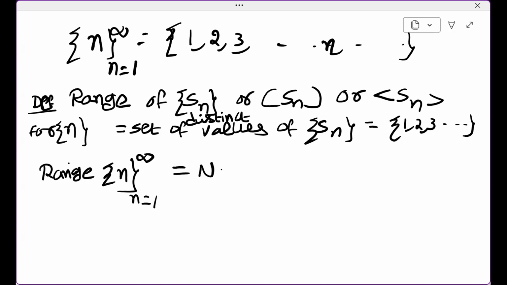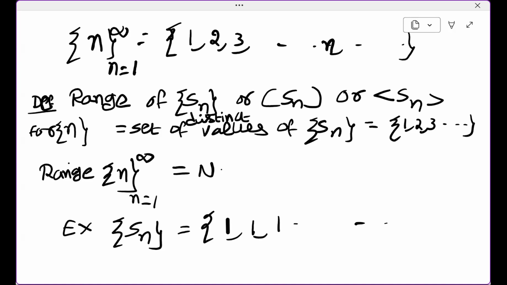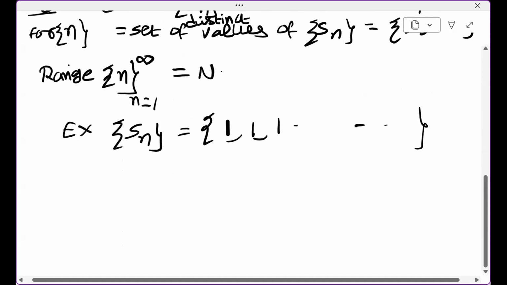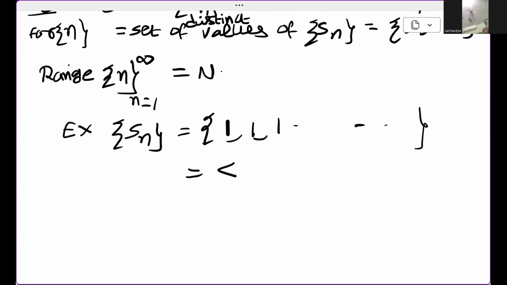Okay. And for example, if I take another example, the sequence Sn as 1, 1, 1, and so on. As a set, it would be infinite, but it is a sequence here. That is the reason why we don't denote it like this; we denote it like this. Otherwise, you may think there is no difference between a set and a sequence.